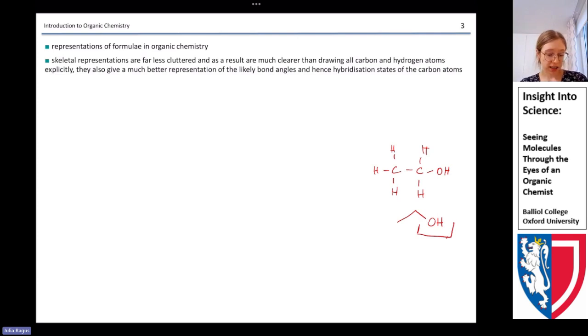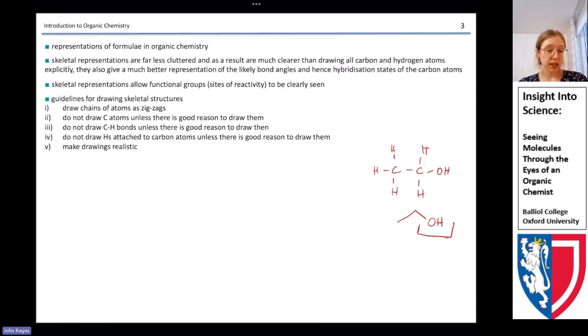So skeletal representations allow functional groups to be clearly seen, and the functional groups are where the molecule is usually reacting. General guidelines for drawing your skeletal structures is to draw chains of atoms as zigzags.